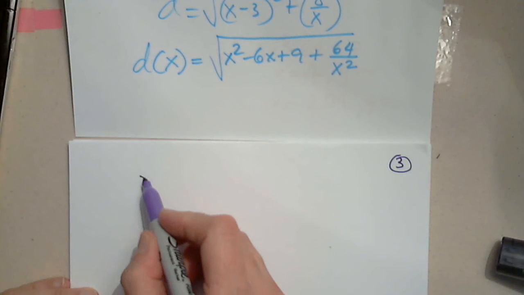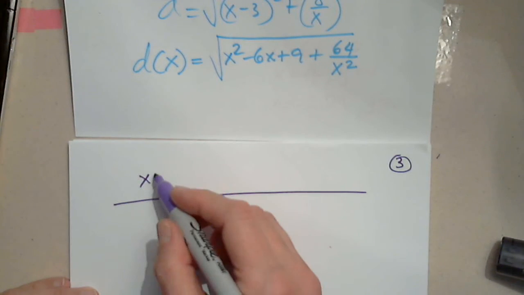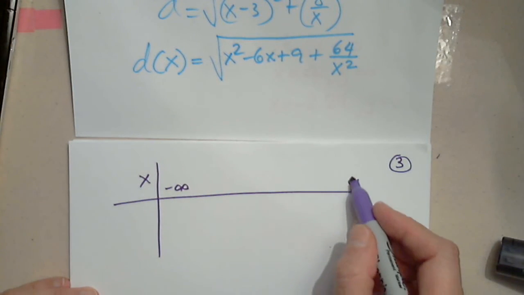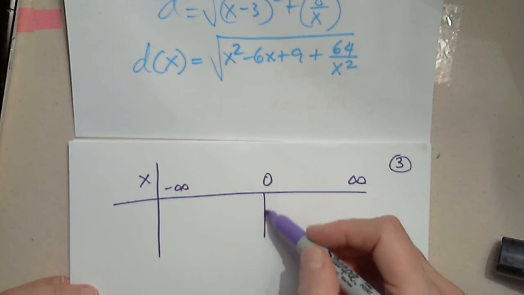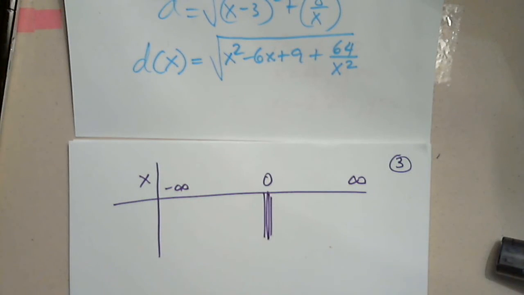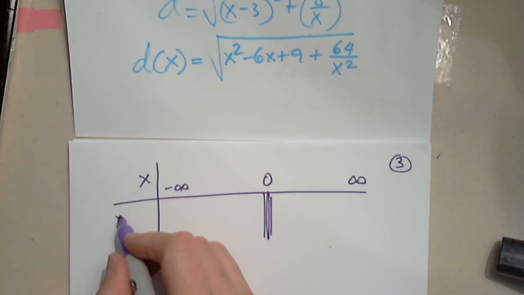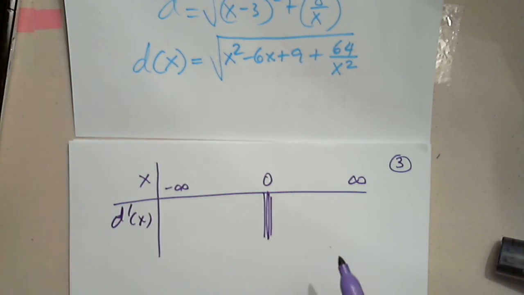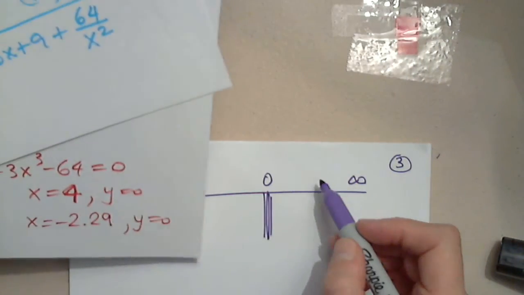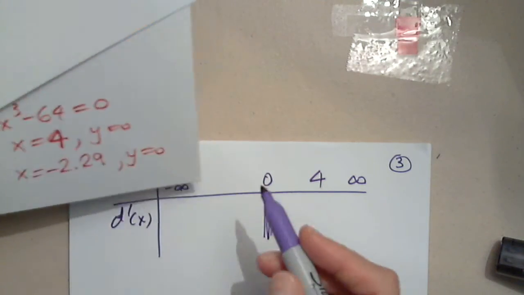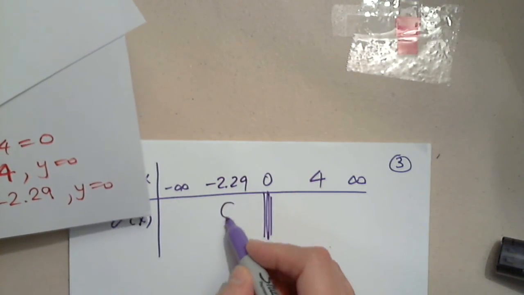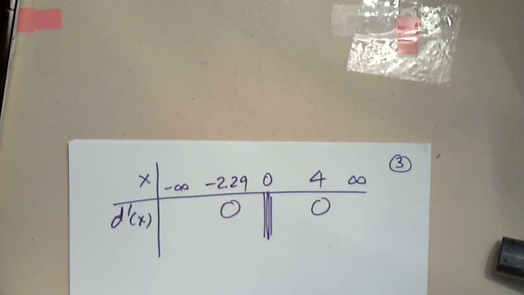Okay, so we have x. Let's say x can be between negative infinity and infinity. We know x cannot be 0, right? It's 8 over x. And this is our d prime. And we found 2 options, one option which is 4, and the other option which is negative 2.29, and these are the critical numbers of the function.